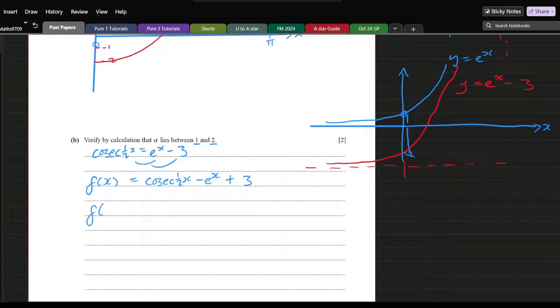So f of 1 would be cosec, that's half times 1, minus the exponential of 1 plus 3. Let's punch that into the calculator. Remember, cosec is the same as 1 over sine, so that's 1 over sine 1 over 2 times 1 minus the exponential of 1 plus 3, and that's 2.36 and so on.